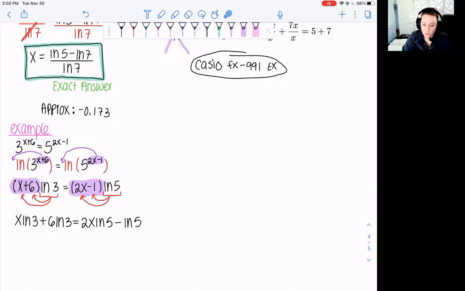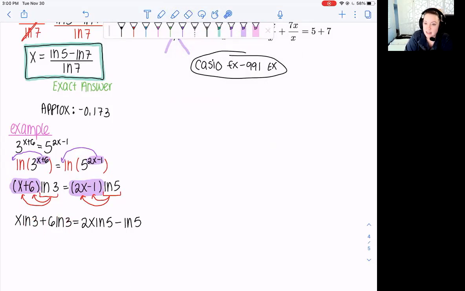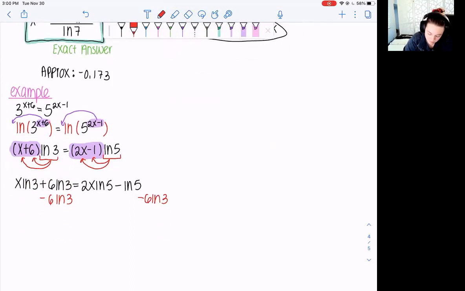All right. We need all the x terms on the left. Anything without x goes to the right. So this guy here, he's good to stay. He has an x in him and he's on the left, so that's fine. This one does not have an x in it, so it needs to move to the right side. So we would be subtracting 6 ln 3 on both sides, which would cancel this out.